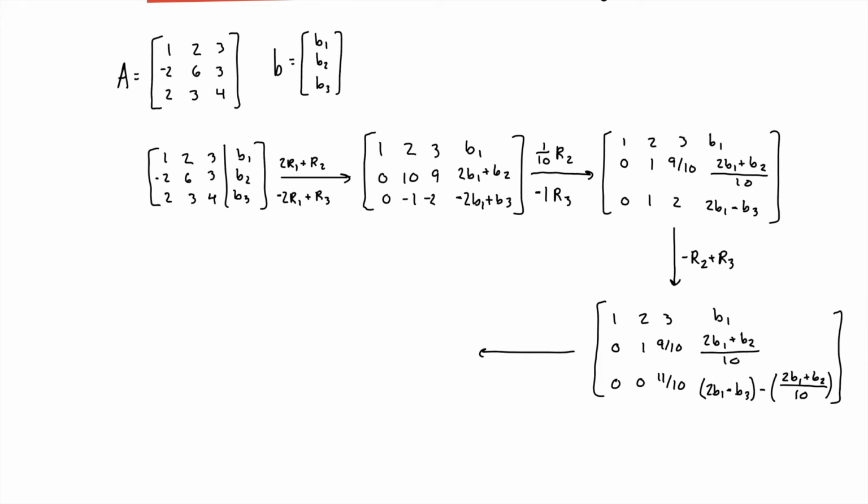Lastly, we'll multiply the third row by 10/11 in order to get this value as a 1. That way we'll have a 1 as the pivot position in each row. Next, we'll just multiply this entire quantity by 10/11.